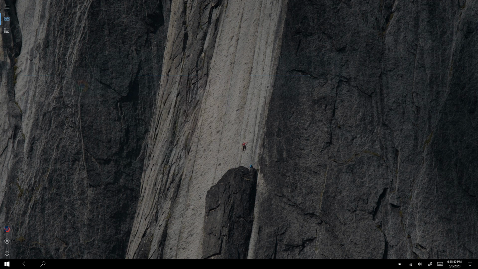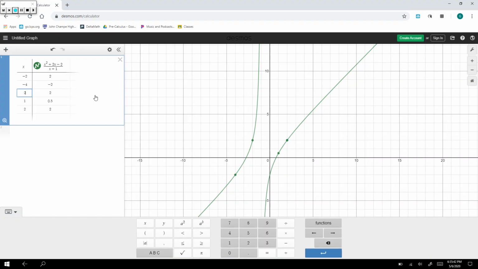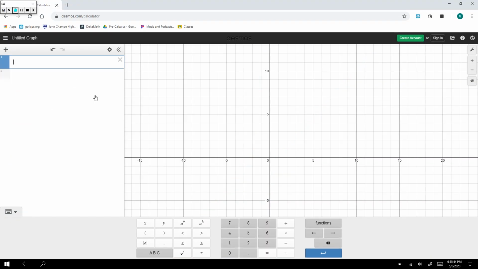So, let's go to Desmos and type in our new function. Let's get rid of that one. So, we have x to the third minus 1. On bottom, we have x squared minus 9.